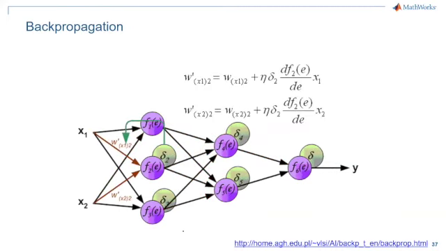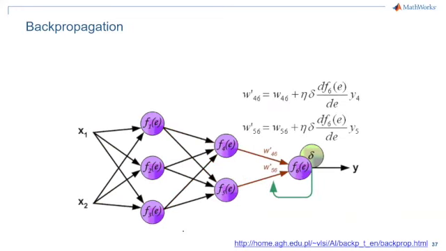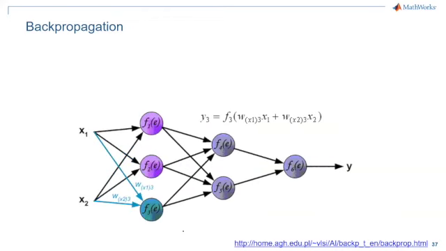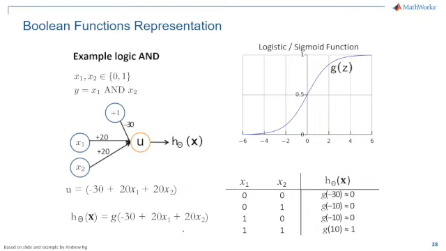Calculate the error, use the error to update the weights. Okay, so we did a forward propagation and a back propagation. And okay, now we learned how it learns, the deep learning.